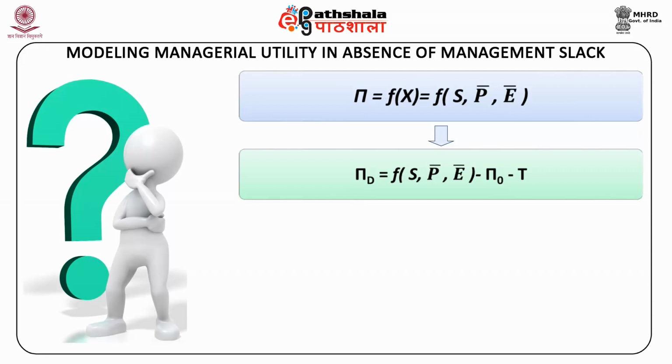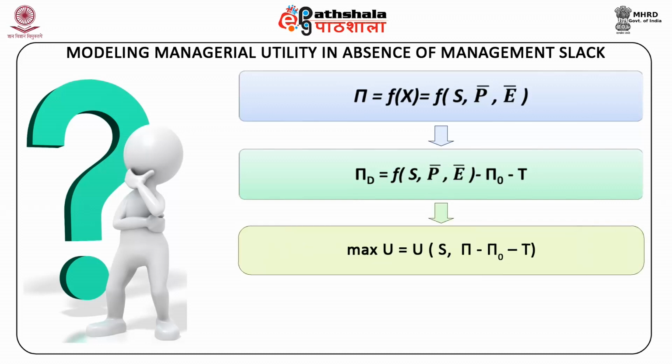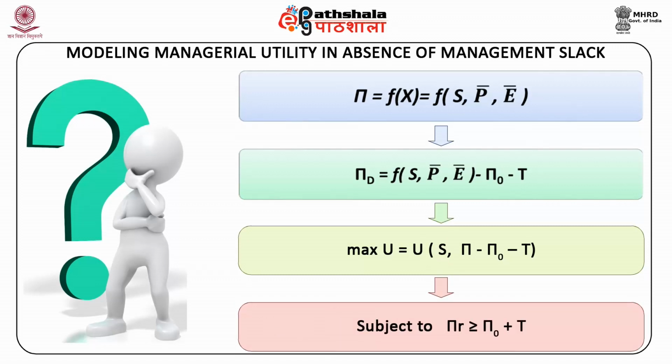Now the manager can maximize his utility function subject to the profit constraint. The utility maximization function subject to profit constraint can be written as maximize u, which is a function of s and pi minus pi 0 minus t, subject to pi r is greater than or equal to pi 0 plus t.